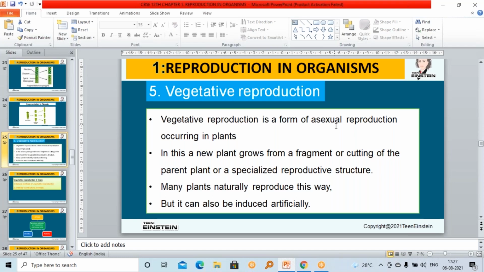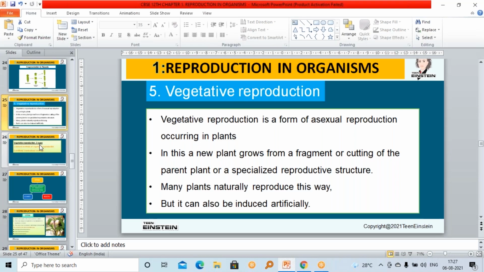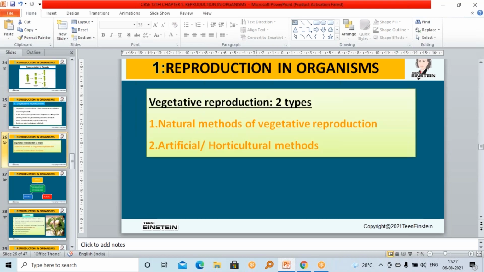Is it clear? So vegetative reproduction is a form of asexual reproduction occurring in plants. And how will a new plant grow in this? From a fragment or from a cutting of the parental plant or from a specialized reproductive structure. So naturally, many plants are reproducing in this way, but we can induce this vegetative reproduction also.